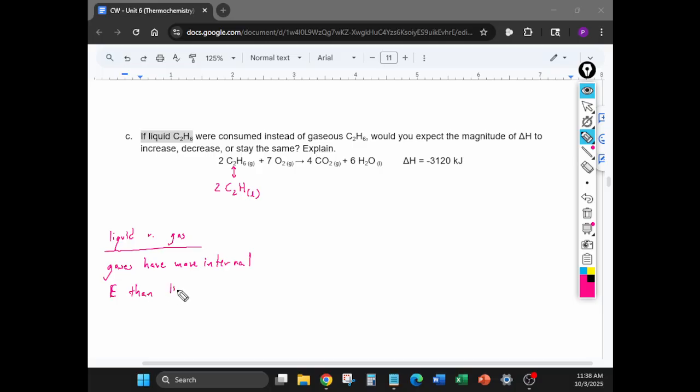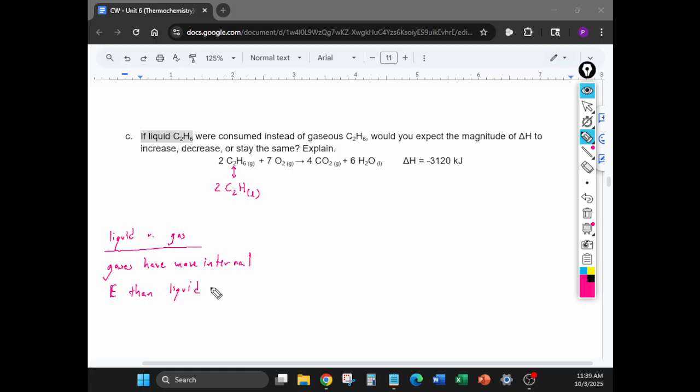An easy way to think about it is if you boil water. When you're boiling water, you're putting energy into the water, and once the water molecules get enough energy, they vaporize and turn into gas. So the gas molecules have a lot more energy than the liquid water does. So gases have more energy than liquids, and then liquids have more than solids.